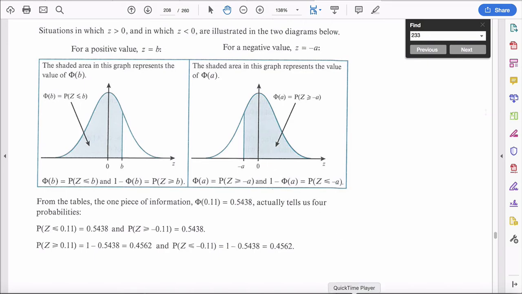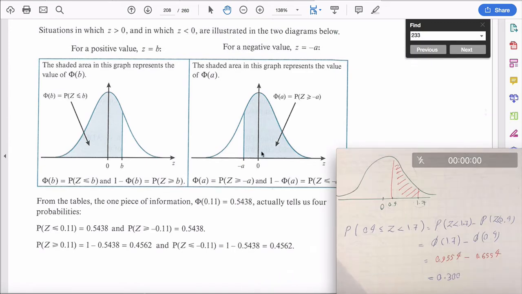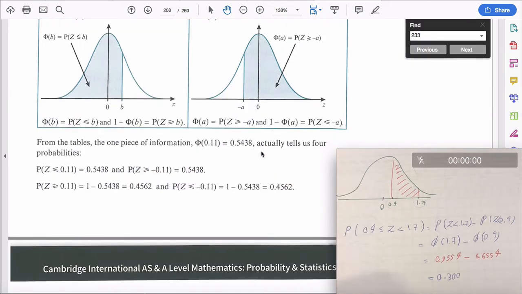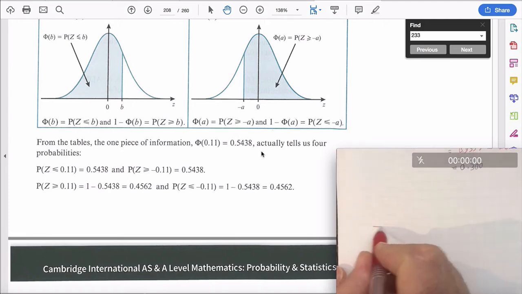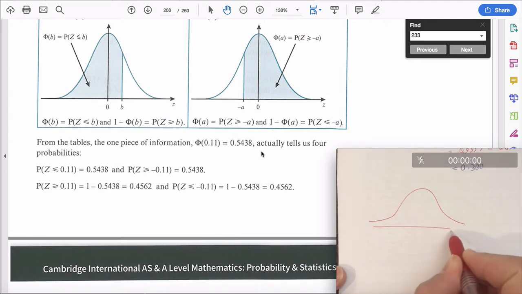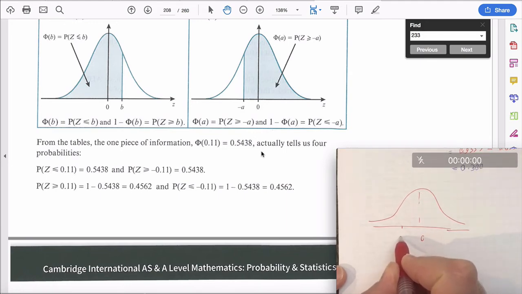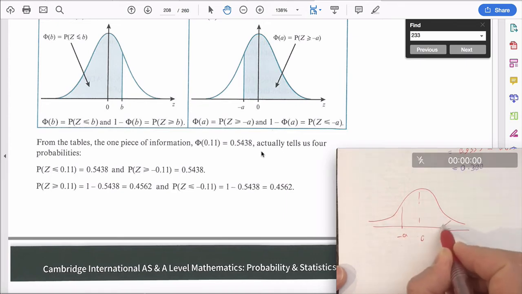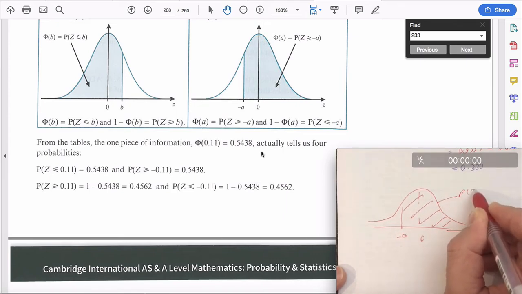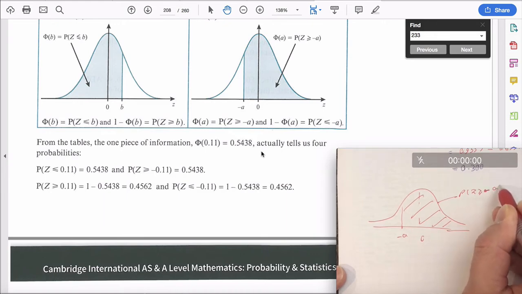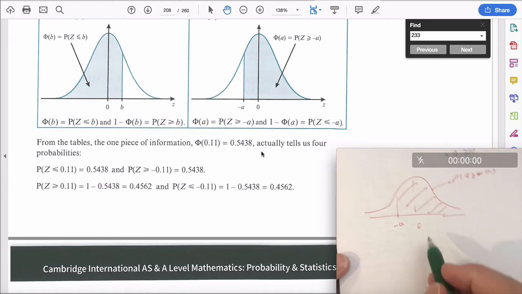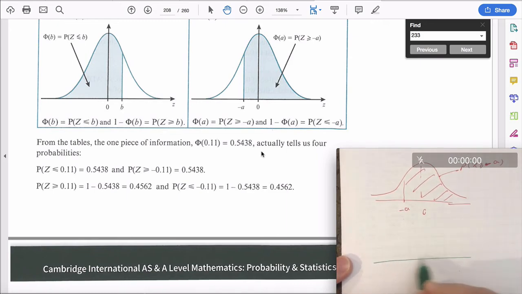Let me show it in my paper, then you will see. For example, you are supposed to find probability of z greater than negative a. Now, my table doesn't have any value for negative numbers. I draw another one, it is 0. Negative a, I reflect it, I put it here, it will be positive a.